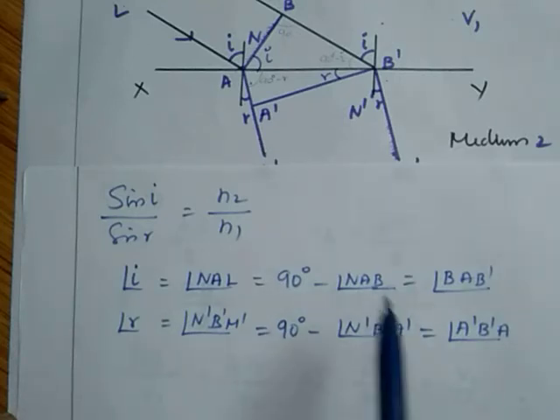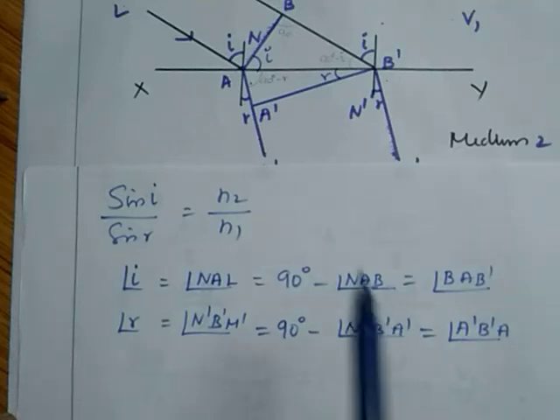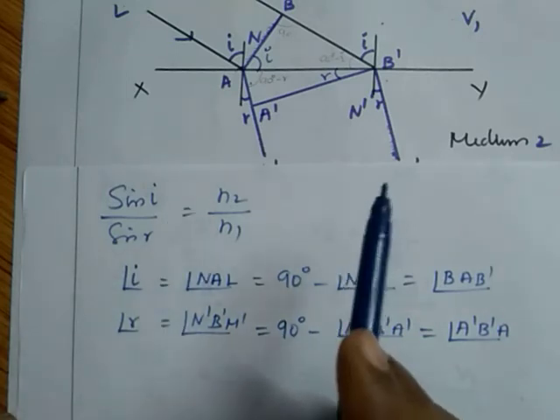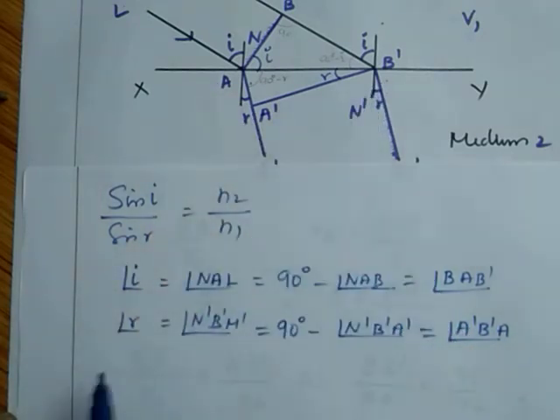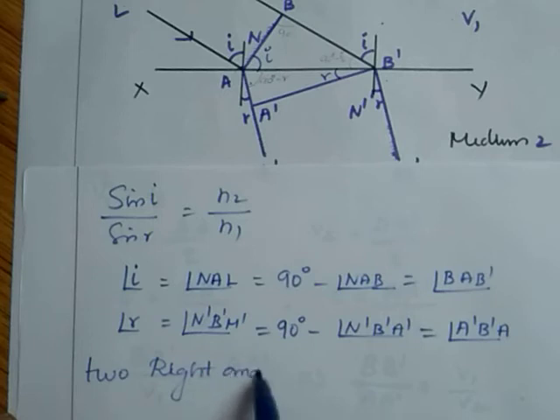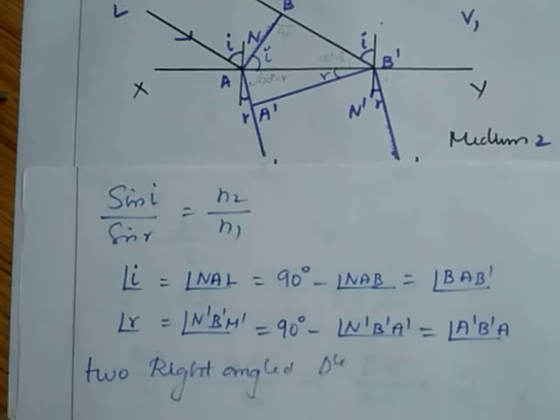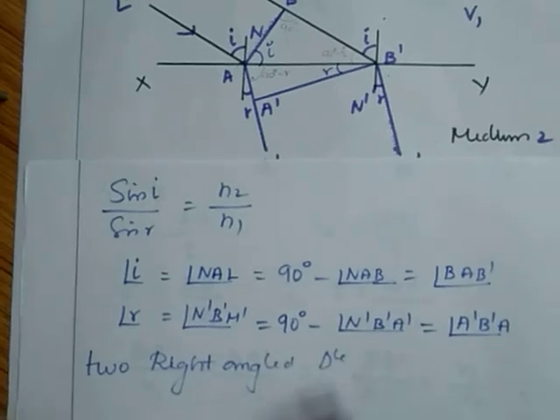Here the two right angle triangles are there: one is triangle ABB' and one more is triangle AA'B'. Two right angled triangles.